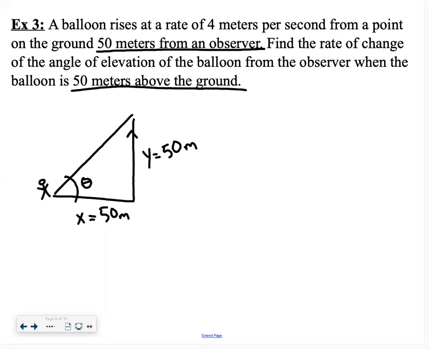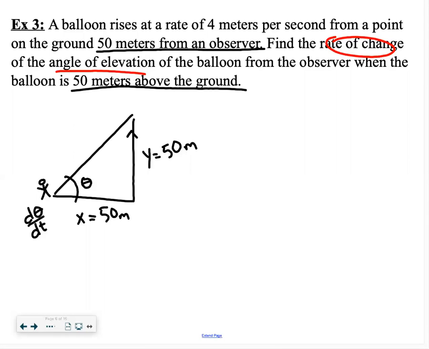And it's asking us for the rate of change of the angle of elevation. What does that mean? Angle of elevation: your theta, your rate of change of your angle is going to be d theta dt.